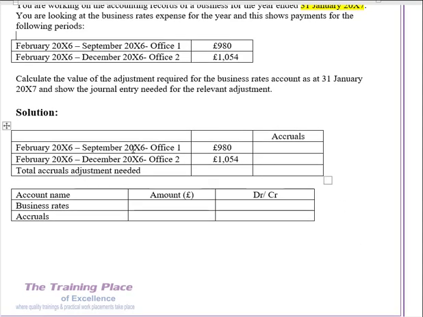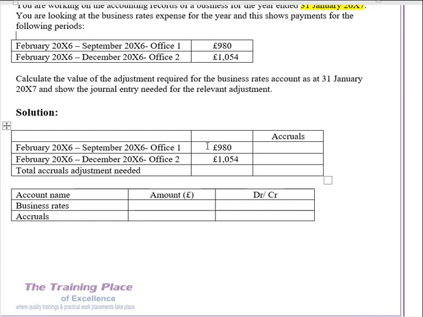So we've got there February to September. We need to count how many months are between February up to September, and I make that 8 months. So for 8 months, you have paid £980. I then need to make up what are the sets of months that will take me to January X7 the next year.